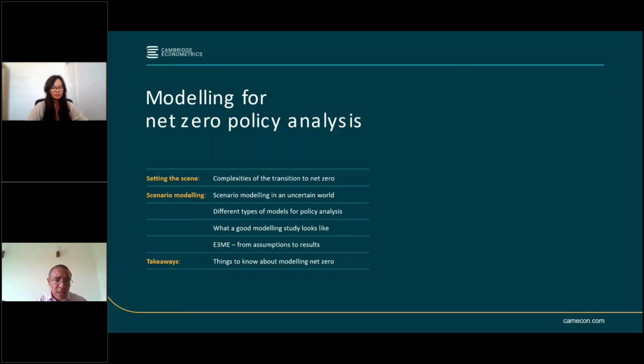We'll explain why the transition to net zero is a complex problem to understand, and we'll talk about the role of scenario modeling, the role of models, different types of models in that, with some examples using our own macroeconometric model E3ME, and then we'll hopefully leave you with some useful takeaways so you can bear those kinds of things in mind should you ever need to call on modeling work in the future.